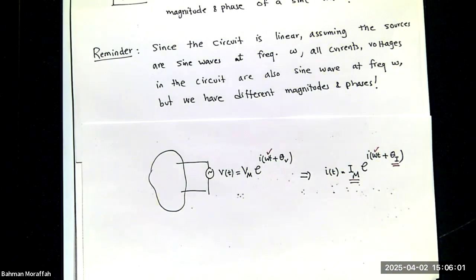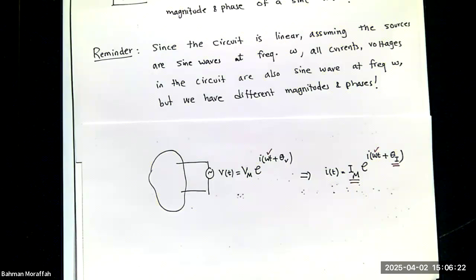So here's the thing. If I can find the relationship between I and V for all the elements that we learn, and if I can come up with something very nice, like Ohm's law in the frequency domain, then our lives would be much, much easier. Why?